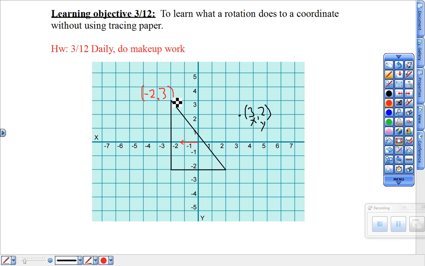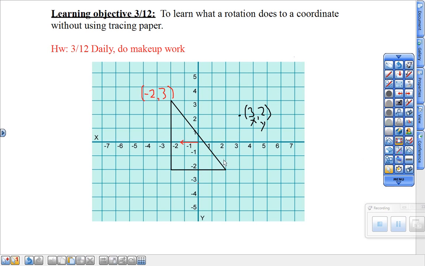So that point is -2, 3. And you can see this point is the flip-flop of 3, 2 with x negative. So instead of 3, 2, -2, 3. Excuse me, the flip-flop and x made negative.